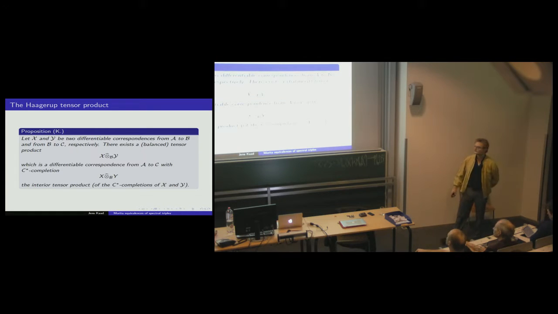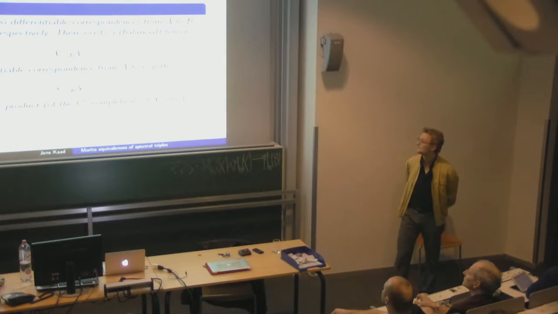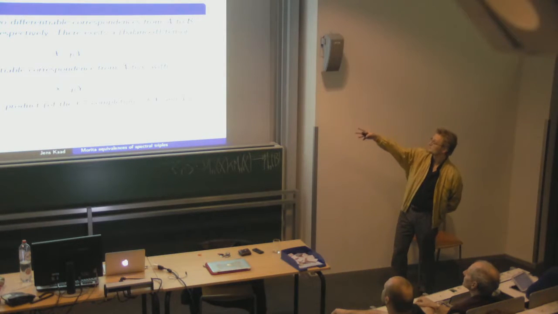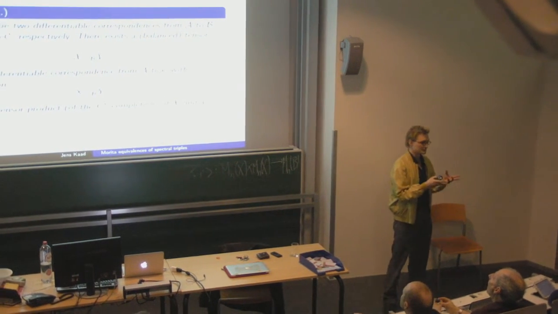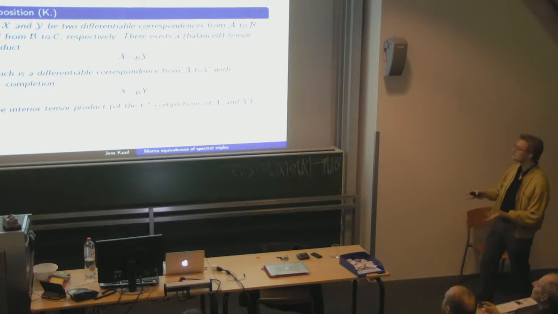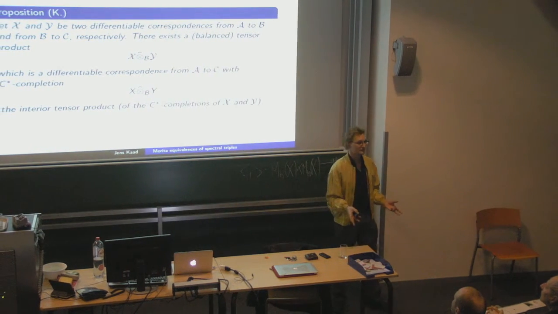Okay, so this proposition says there is this tensor product, and it's going to be a new differentiable correspondence. So x is a differentiable correspondence from A to B, and y is from B to C. I can form this tensor product, and I obtain a new differentiable correspondence from A to C, and it has some C-star completion.